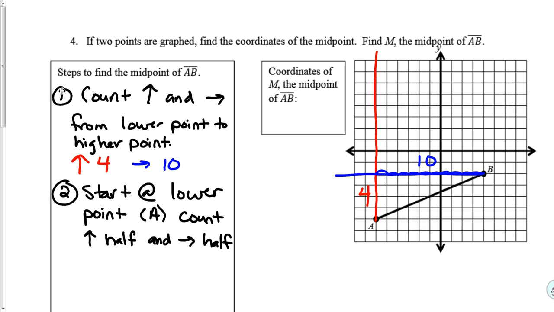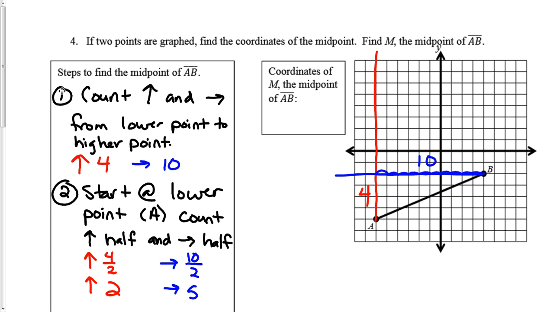So let's see what I'm going to count. I'm going to count up 4 divided by 2, which means I'm going to count up 2. And then I'm going to go over half of what I had, which was 10. So that means 10 divided by 2 is 5.